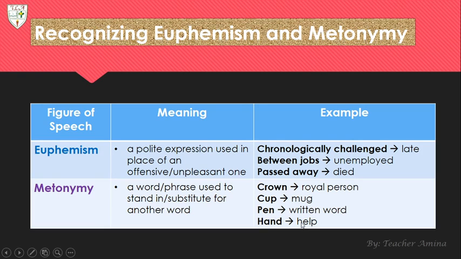Instead of saying help, you can say hand. For example, I gave a hand to my mom to clean the garage. So, helping my mom clean the garage. Lend a hand.